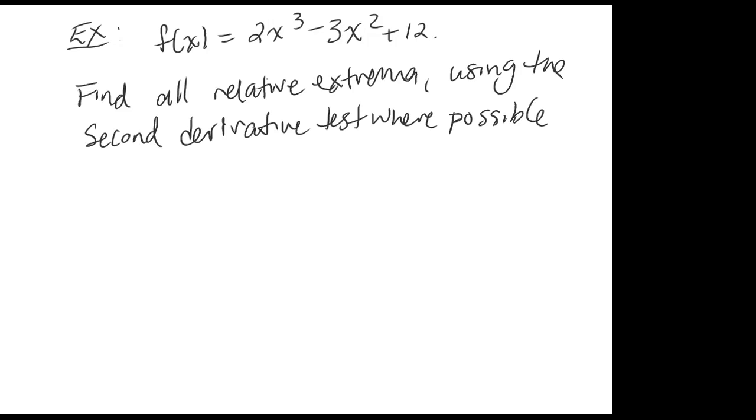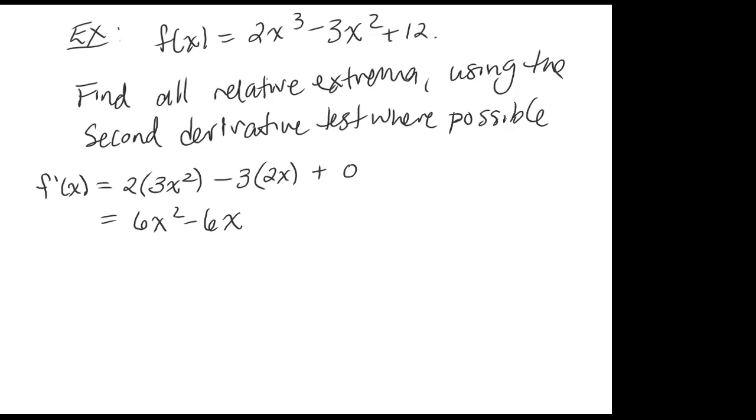Okay, so let's do that. I need to first of all find the critical points, which means I need the first derivative. F prime of x is equal to 2 times the derivative of x cubed, which is 3x squared, minus 3 times the derivative of x squared, which is 2x, plus the derivative of 12, which is 0, which gives me 6x squared minus 6x.